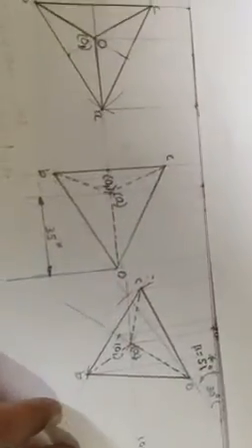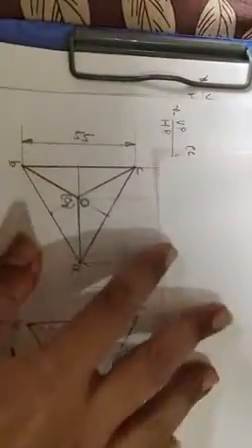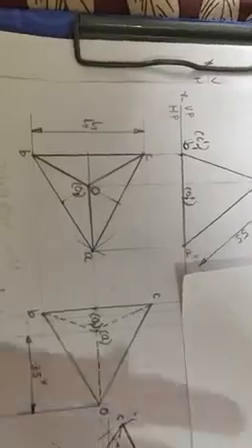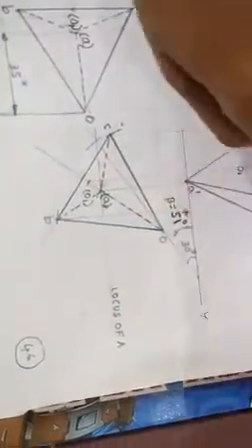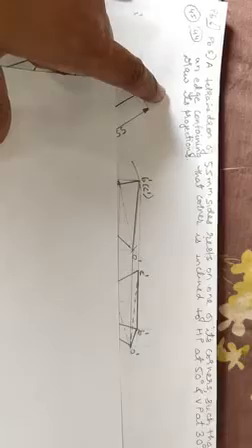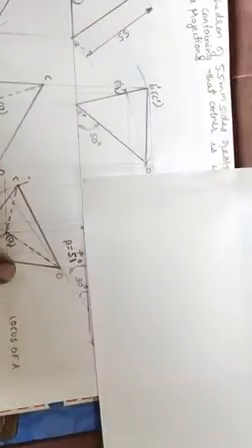The locus concept is as usual the same as what we have done in other problems. So the solid is inclined to VP at 30 degrees in the given problem. At an appropriate place here, you draw a 30 degrees line.